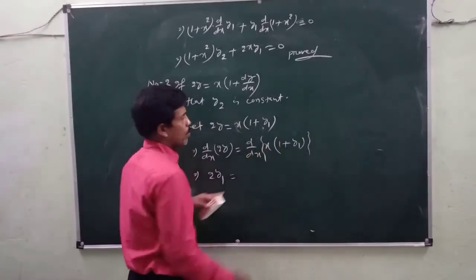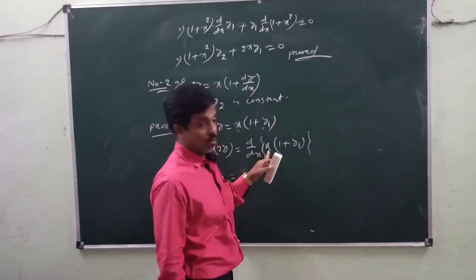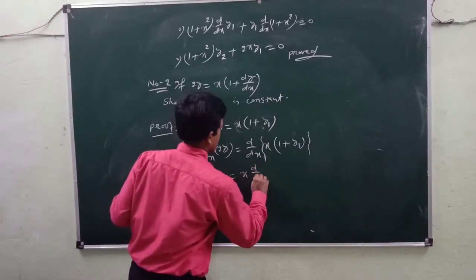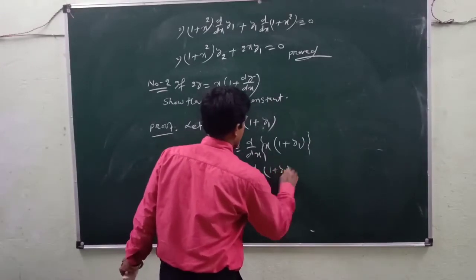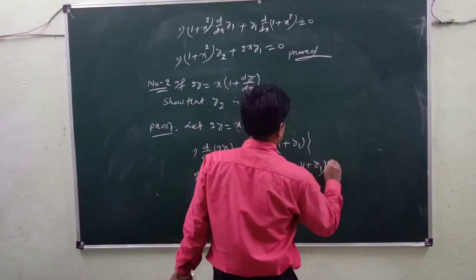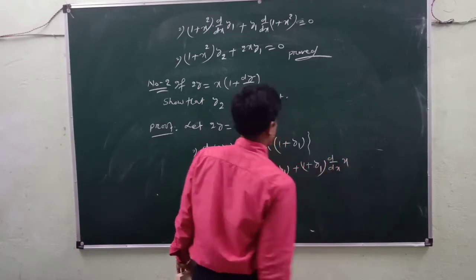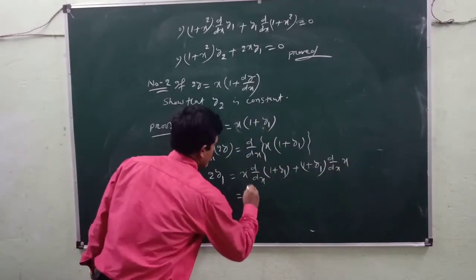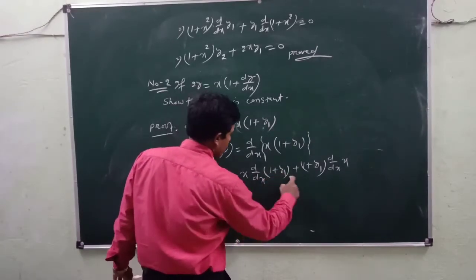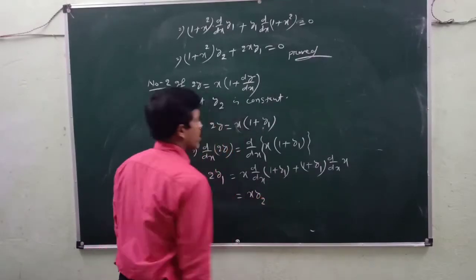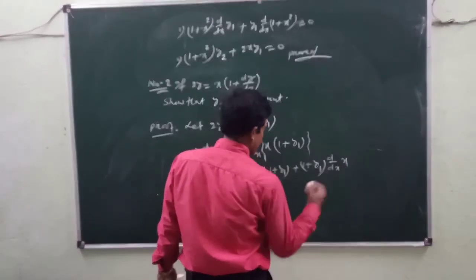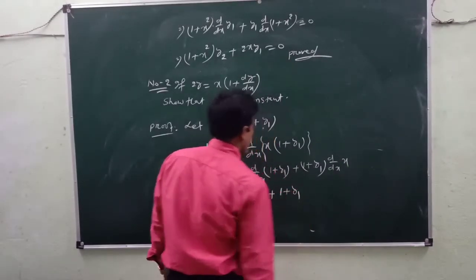Now for the derivative of x into 1 plus y1, apply the product rule: first x into the derivative of the second, 1 plus y1, then plus 1 plus y1 into the derivative of x. That equals the derivative of 1, which is 0, and the derivative of y1 is y2, so this term will be x y2, plus the derivative of x with respect to x, which is 1, so 1 plus y1.